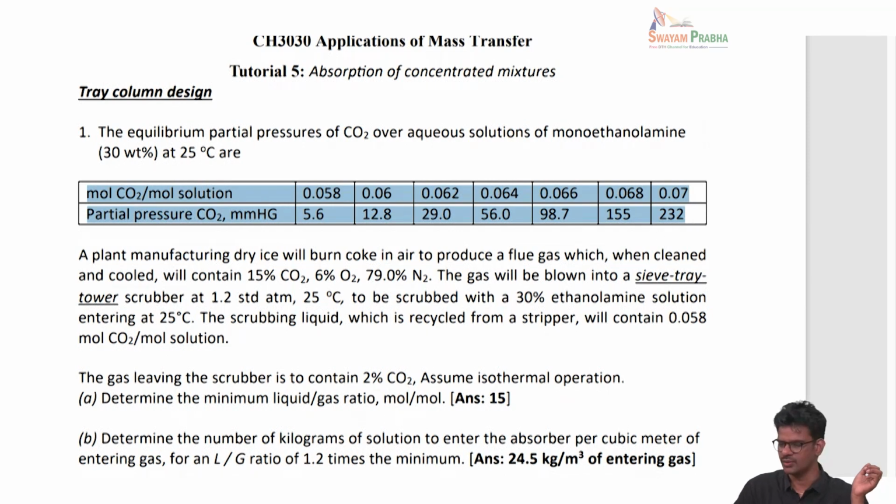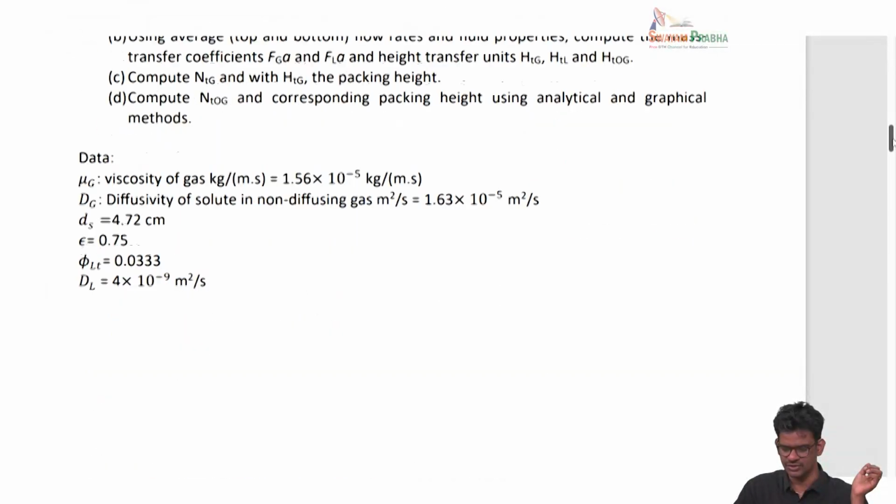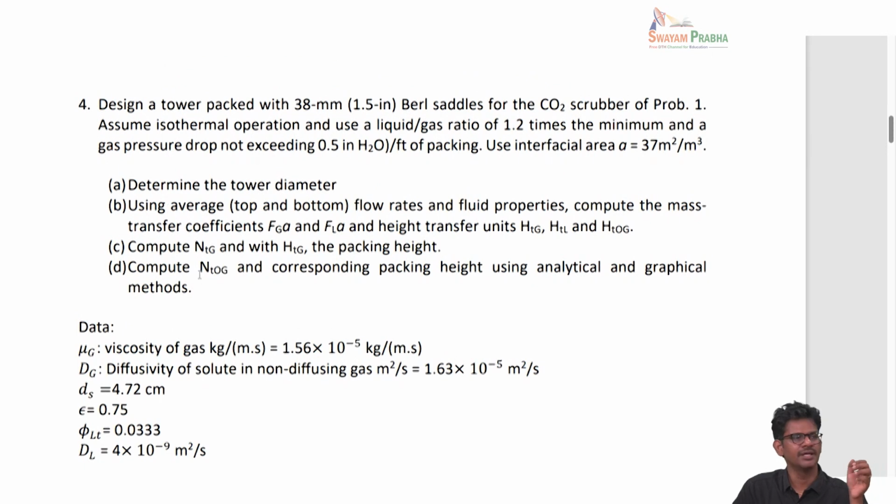Okay, so I suggest that you try to solve this problem on your own using the methodology. So you can see that we are going to do exactly the same thing. Calculate the tower diameter based on the pressure drop, calculate all the mass transfer coefficients and HTG using the same correlations that we used in problem number 3, and then compute NTOG and the corresponding packing height analytically, numerically, and graphically. In the same way, do the same thing for NTG and HTG also.